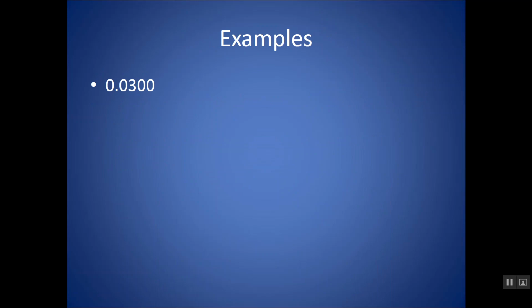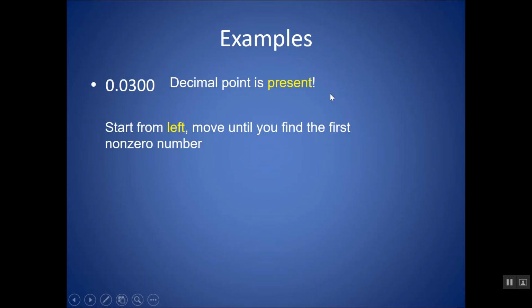0.0300. Is the decimal point absent or present? It's present. So we're going to start looking at this number from the Pacific side, or the left-hand side, and we're going to move through the number until we find the first non-zero. I'm going to rewrite the number here. Approaching from the left because the decimal point is present, here's my first digit.